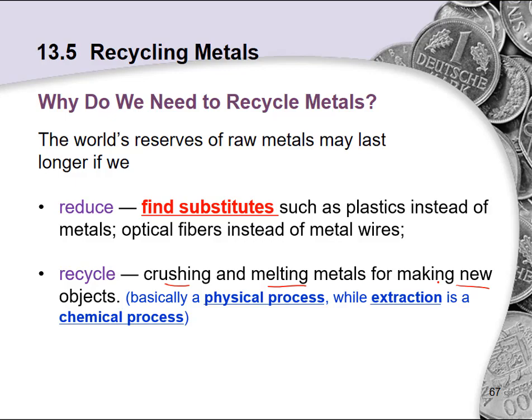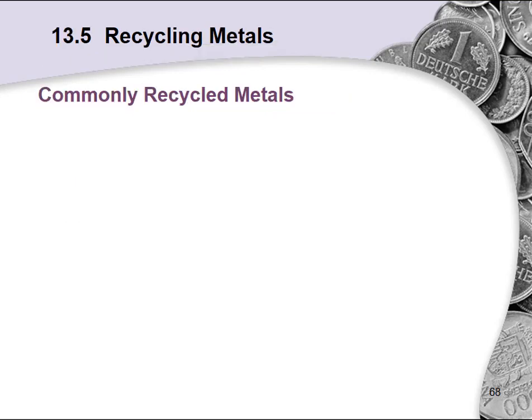You remove all the plastics, all the other material that's non-metallic, and then you just melt down the iron and then make the new car bodies, new objects made of metal. So the process of recycling is basically a physical process, separating, melting, and then making a new object. But extraction definitely is a chemical process because extraction is getting the element, the metal, from the compound.